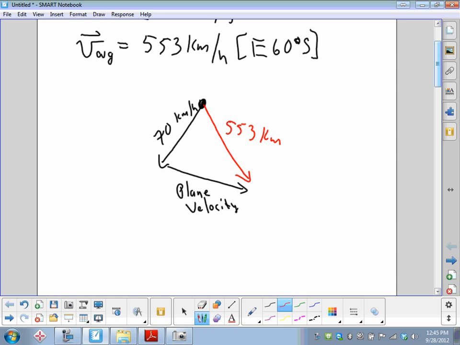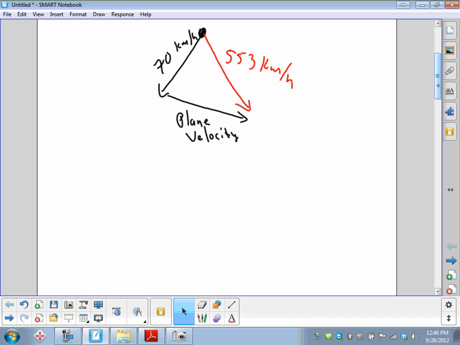The vector addition of the velocities has to sum up to 553 kilometers an hour, east 60 degrees south. So the correct sketching of that diagram tells you your equation that you're going to use. You're going to add the velocities as a vector sum, and that sum has to equal 553 kilometers an hour. So I'm going to write that down in words.